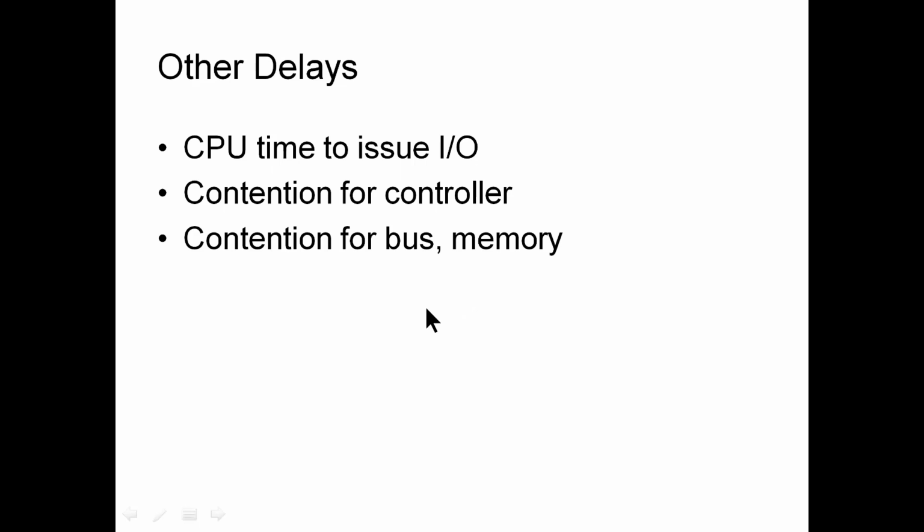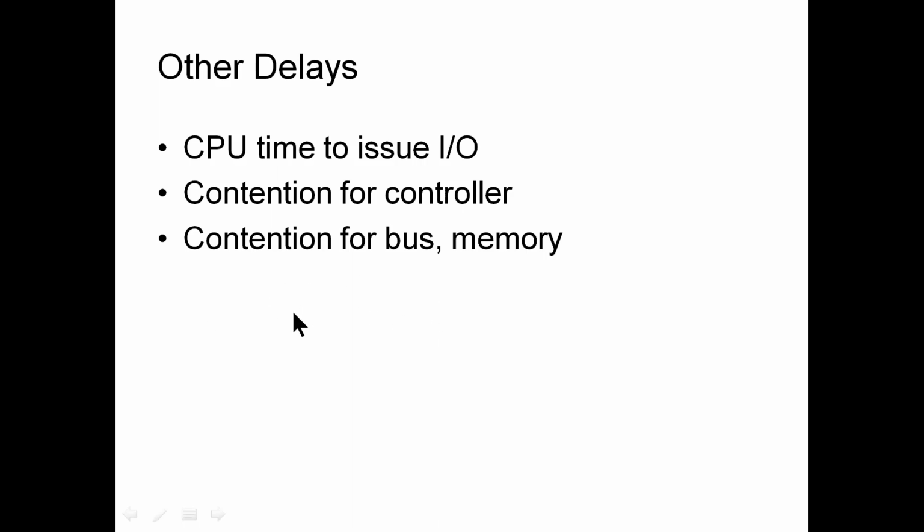Other delays we have are the CPU time, central processing unit time, to issue input/output; contention for the controller, because contention is common. Sometimes there is a conflict and it is automatically resolved in the hardware. And there is contention in the bus and memory also, because you try to go somewhere, find you cannot, so you change the path and go again. That is a kind of contention issue.